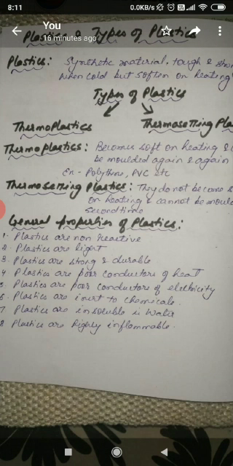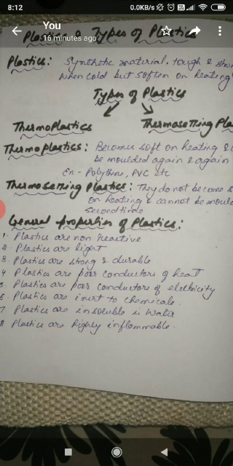For this reason we use lots of plastic items. For example, PVC is used for making water pipes, water tanks and sanitary fittings. PVC is also used for making soles of shoes, sandals, raincoats, handbags, bathroom curtains, etc.